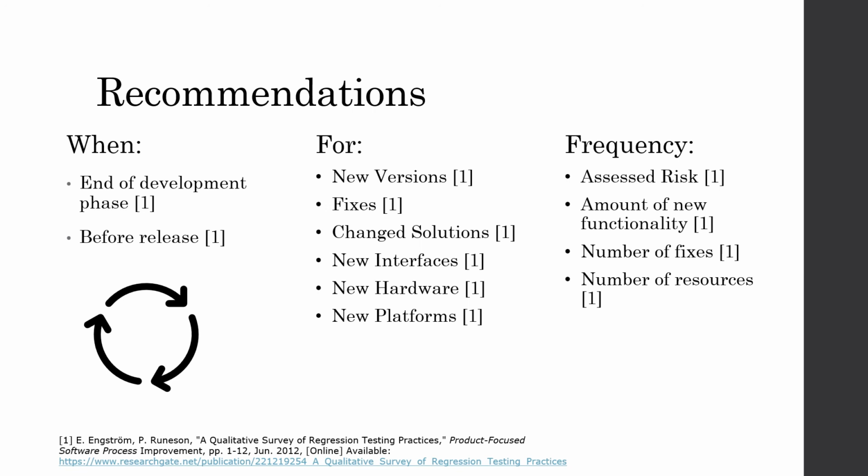The frequency by which regression testing is completed is typically at the discretion of the development team. However, this can be influenced by certain factors such as assessed risk of the changes being made, the amount of new functionality being added, the number of fixes introduced, and the amount of resources available to the development team.